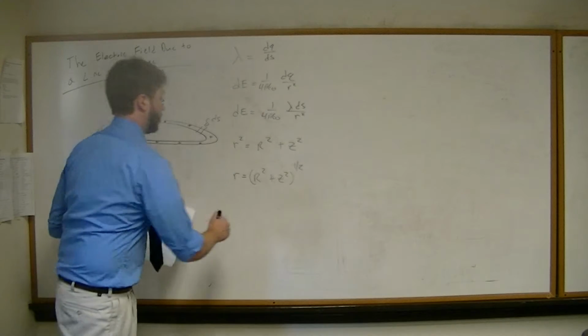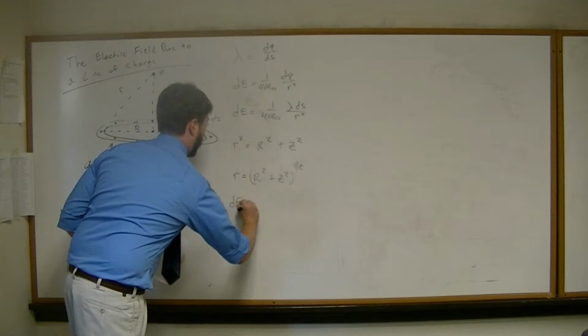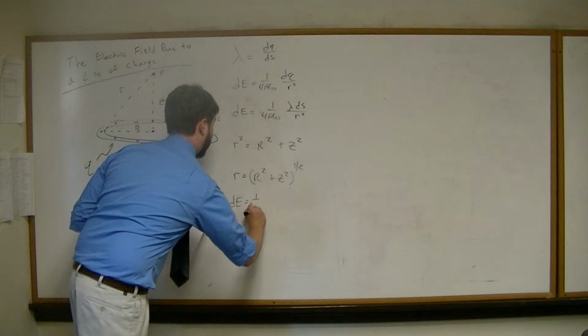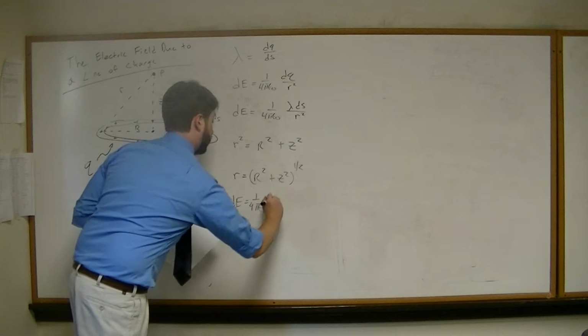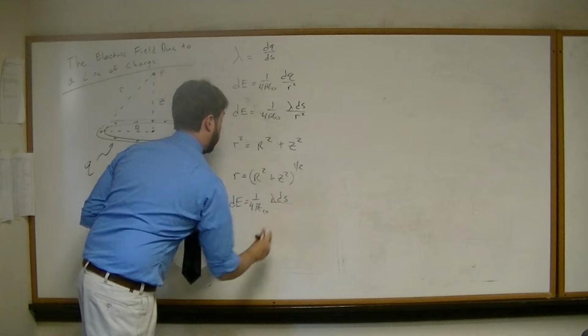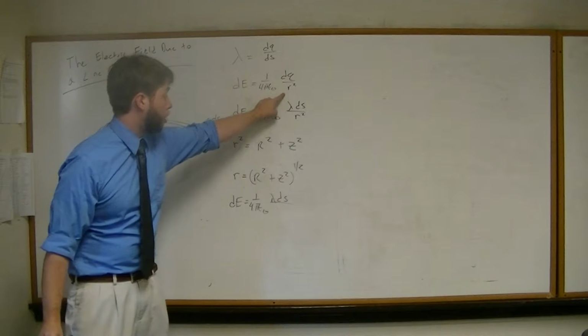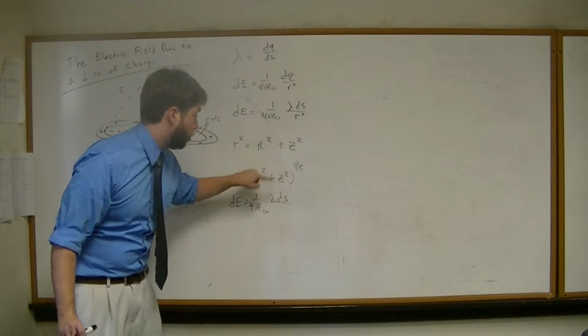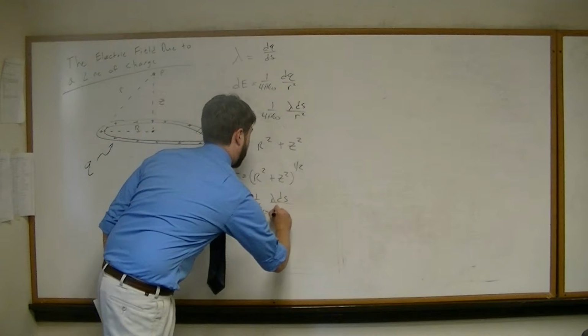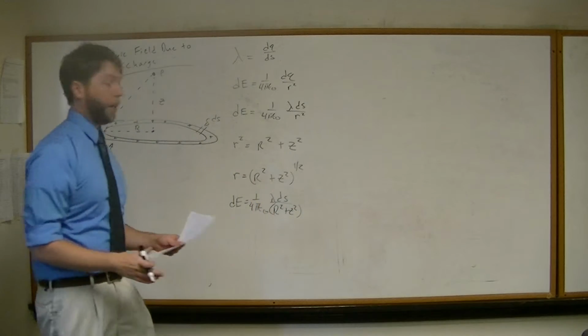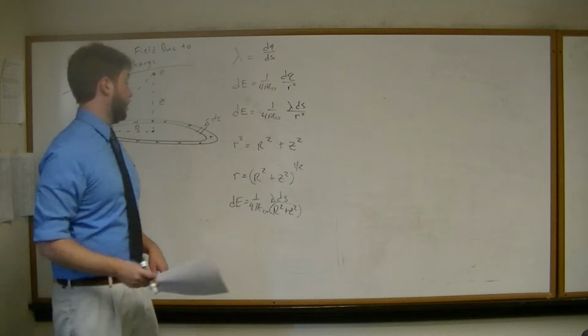So now that makes our small electric field element equal to 1 over 4 pi epsilon naught lambda ds over, since this right here is just r and we're going to use r squared, we're going to square this whole term here, so it's just going to be R squared plus z squared. Okay? Hopefully I didn't go too fast on that.